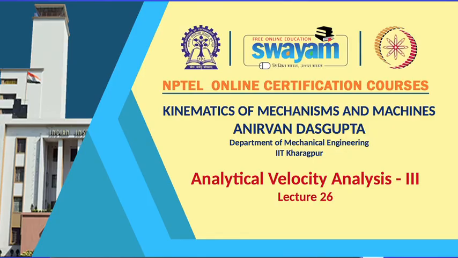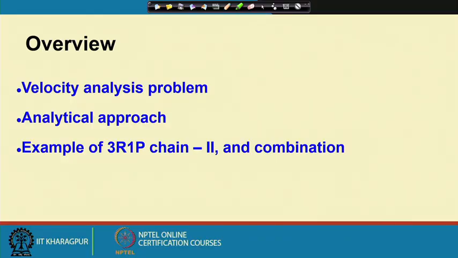Let us continue our discussion on velocity analysis problem. Using the analytical approach, we are going to look at another example of a 3R1P chain of type 2 in this lecture. So, I will give you the overview of this lecture.